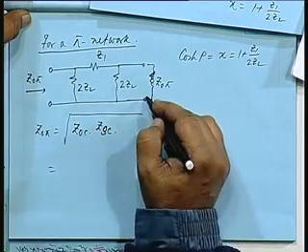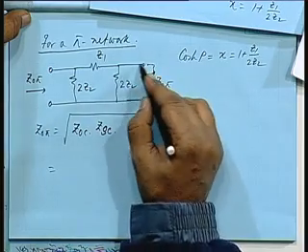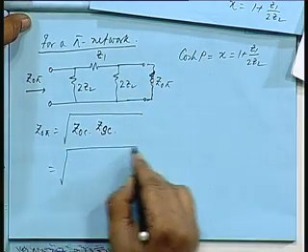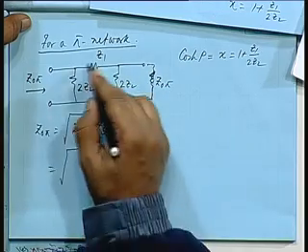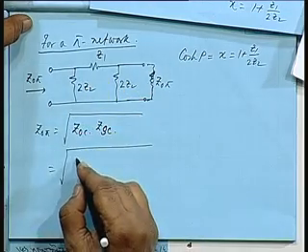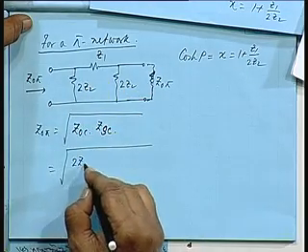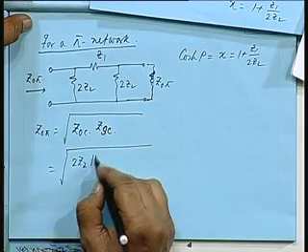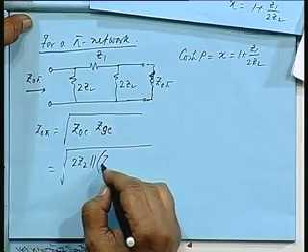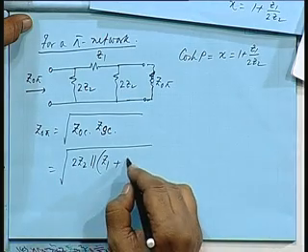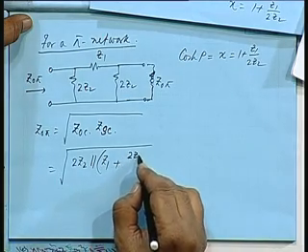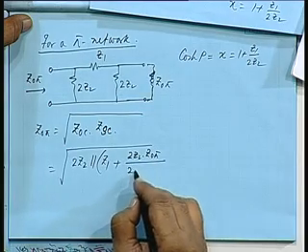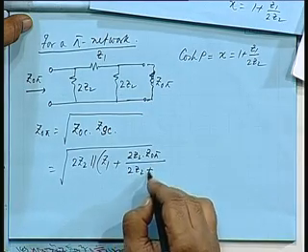So if I short this, it will be twice Z2 in parallel with Z1 in series with the parallel combination of twice Z2 and Z naught pi, that is, twice Z2 into Z naught pi by twice Z2 plus Z naught pi.